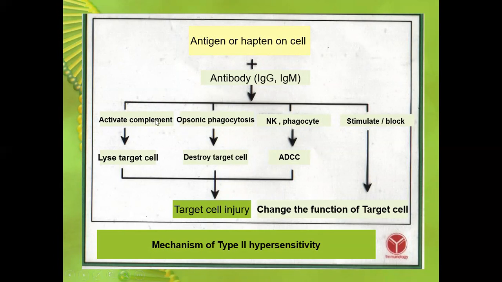Upon activation of the complement, it causes lysis of the target cells, and opsonic phagocytosis destroys the target cells, and by phagocytosis process it causes enhancement of antigen dependent cytotoxic cells, and all these factors will cause the target cell injury. And the stimulation or blockage causes change in the function of the target cells, and thereby it also causes the destruction of the target cells.